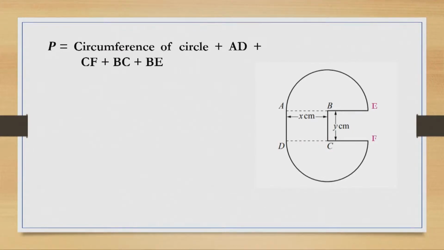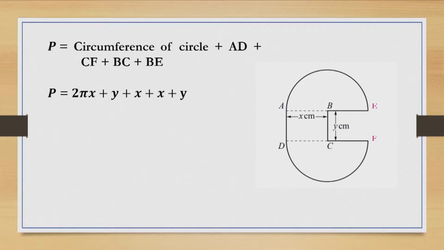AD plus CF plus BC plus BE. I repeat, we take the semicircle here, AE, plus DF, which will give me the circumference of the circle, plus AD plus CF plus BC plus BE.